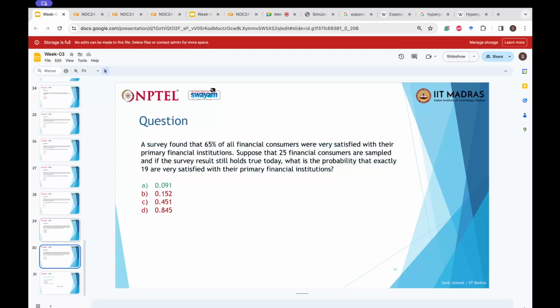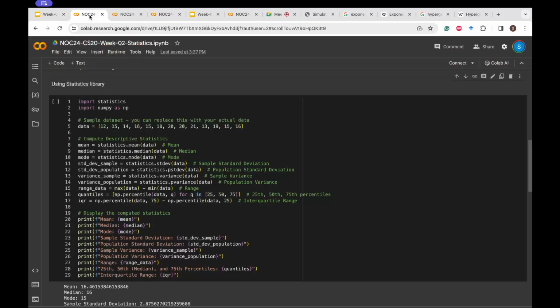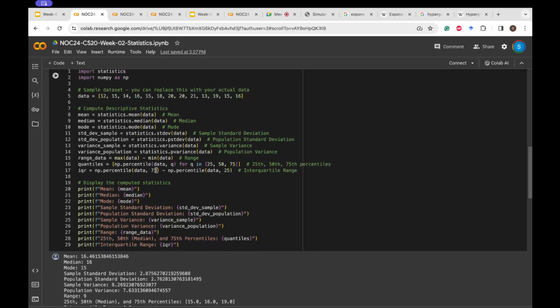So now we will solve all these things in Python. Before that I have also shared one notebook. This was supposed to be covered in week 2, finding the mean, the descriptive statistics of the given data.